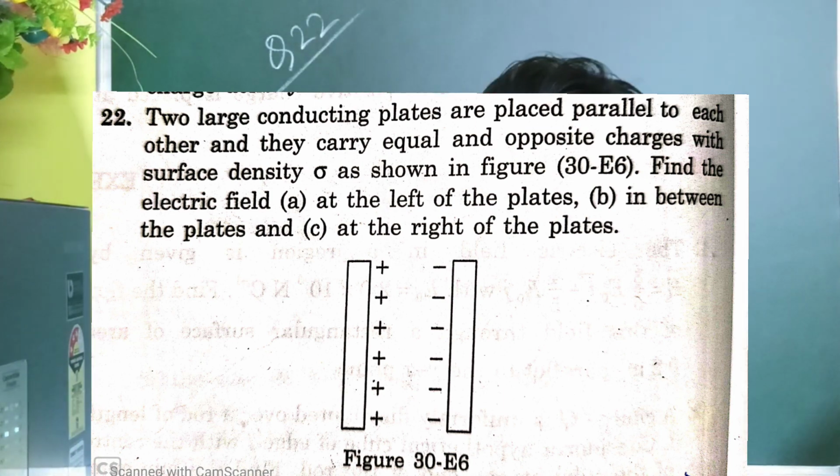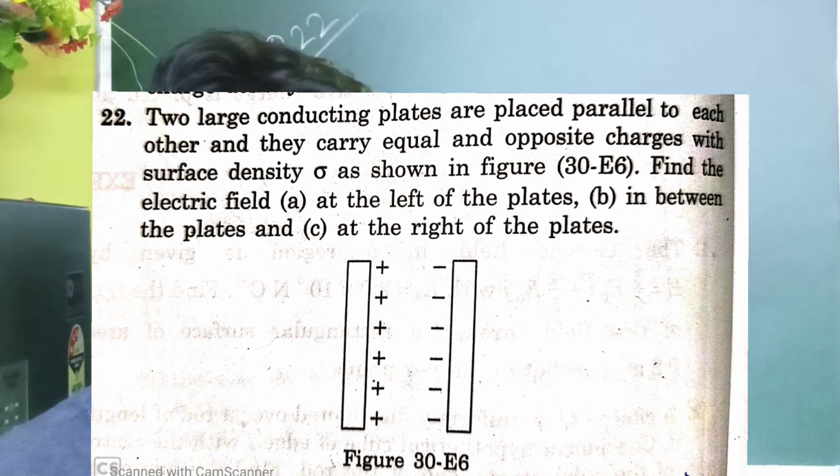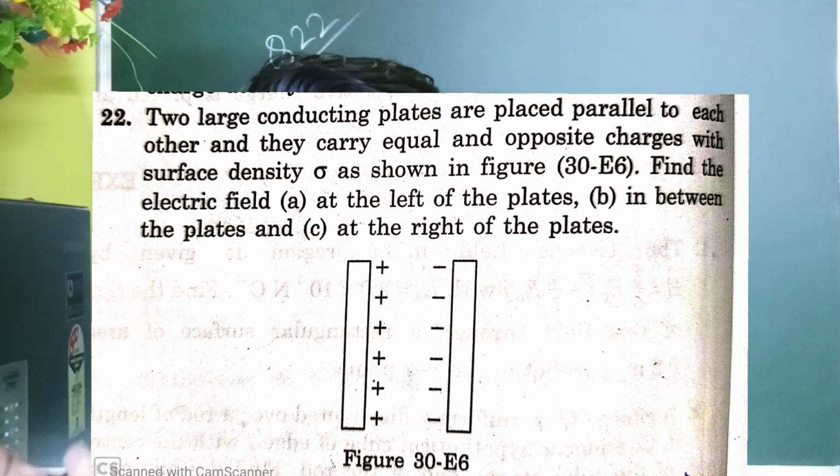Two large conducting plates are placed. You have to choose the particular numericals that can clear your point of view to a larger extent. There are some numericals, like the classical text series, Errorless solutions, or Concepts of Physics, that can clear your point of view a great deal.